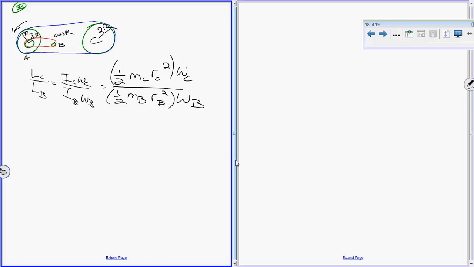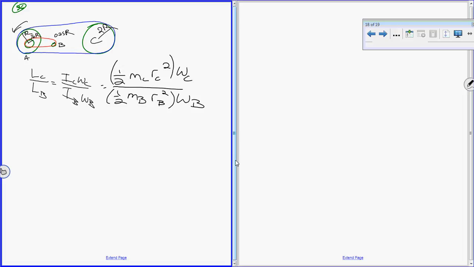Good? All right, so we definitely have to come up with some sort of way to get these two masses to cancel out, right? So do you guys agree that the mass of each of these things would be proportional to the area? Yeah. Okay, so how does that help me?